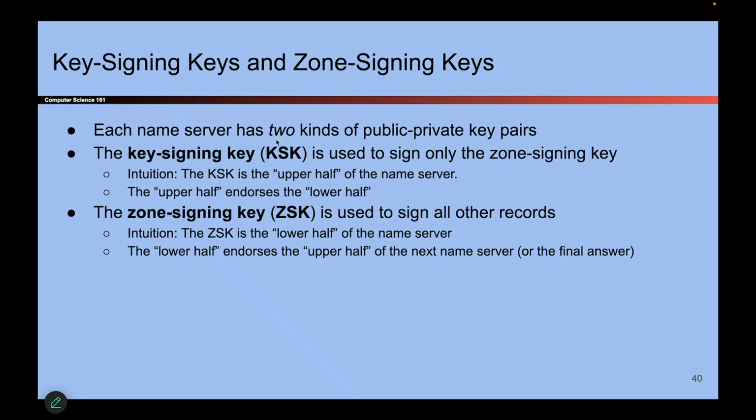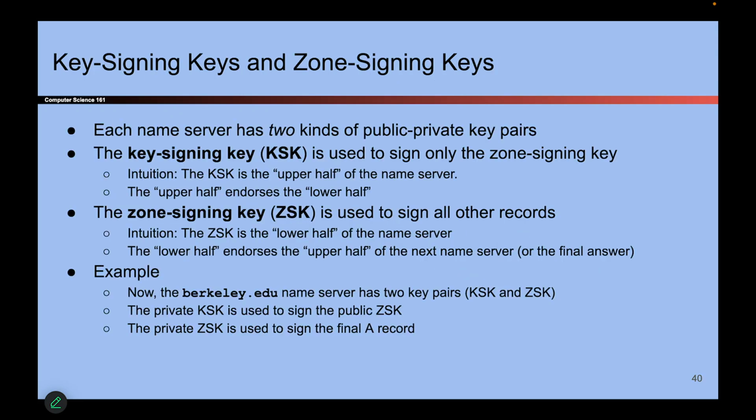And these are the names we give to the upper half and the lower half of each name server. That's why everyone has two key pairs. So here's at least one example. The berkeley.edu name server now has an upper half and a lower half. The upper half keys are called key signing keys. The lower half keys are called zone signing keys. So what you'll do is you'll have your upper half endorse your lower half. And the way you do that is you use the upper half's private key, that's the key signing key, to endorse the lower half's zone signing key.